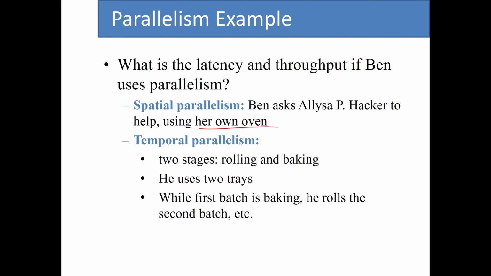On the other hand, when we have two stages, one other option is that we can either use more trays or do some of the work simultaneously as well. That is an example of temporal parallelism too. Let's see how these different scenarios help us increase throughput.